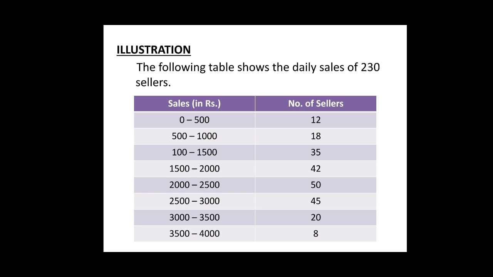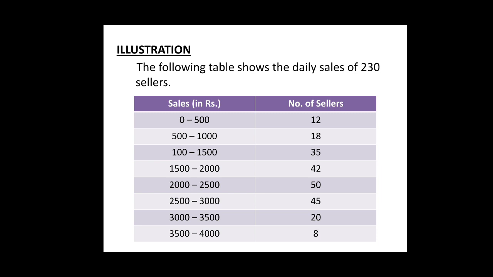Students, just follow the steps explained in our previous slide to construct the less than ogive. Firstly, start with the upper limits of class intervals. And the upper limits here in this table are 500, 1000, 1500, 2000, 2500, 3000, 3500 and 4000.